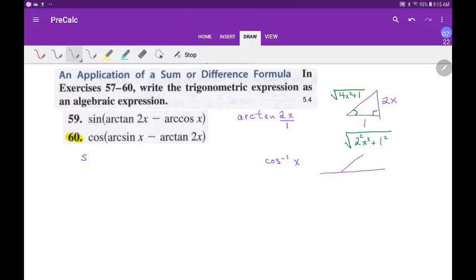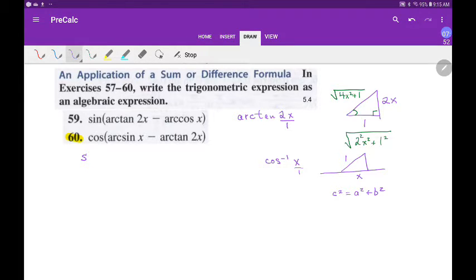It says the adjacent is x, and it's over 1, so the hypotenuse must be 1. So I say to myself, there's a relationship here where c squared is equal to a squared plus b squared. And I don't know b.